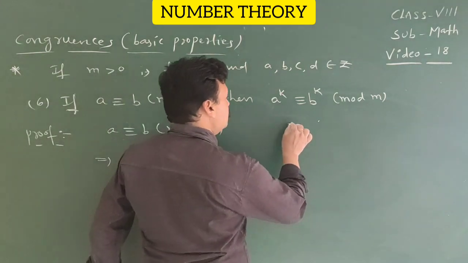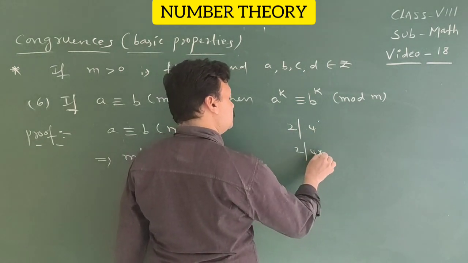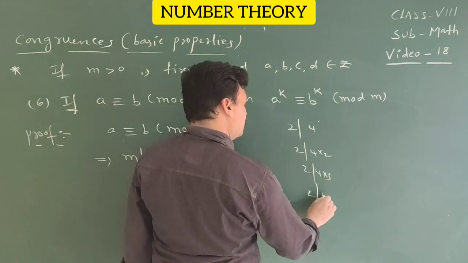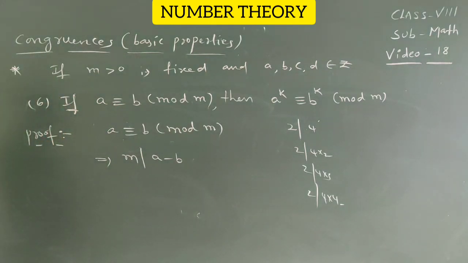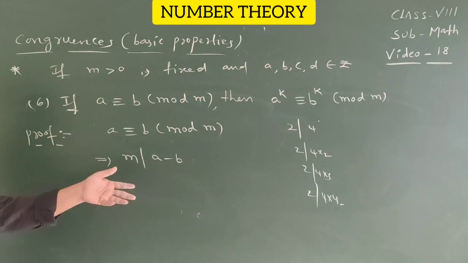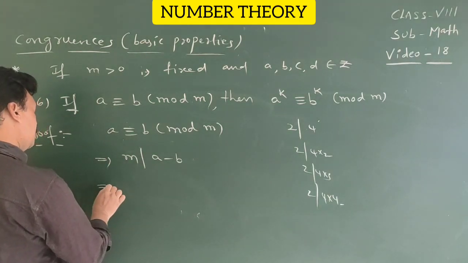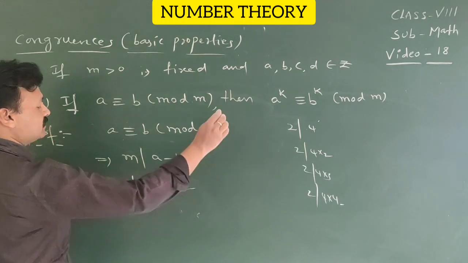So here 2 is a factor of 4, meaning 2 is a factor of 4 into 2, 2 is a factor of 4 into 3, 2 is a factor of 4 into something, because 2 is a factor of 4. Likewise, here M is a factor of A minus B, meaning M is a factor of A minus B into something also.